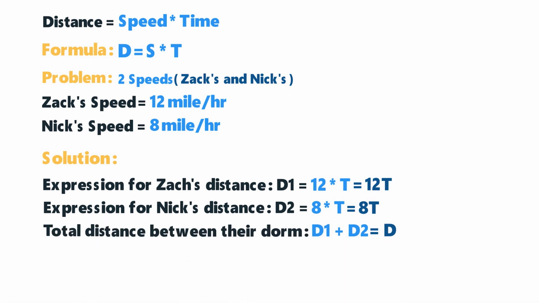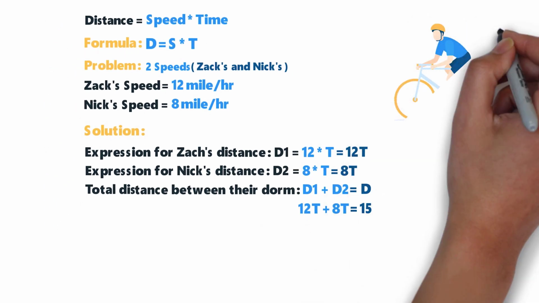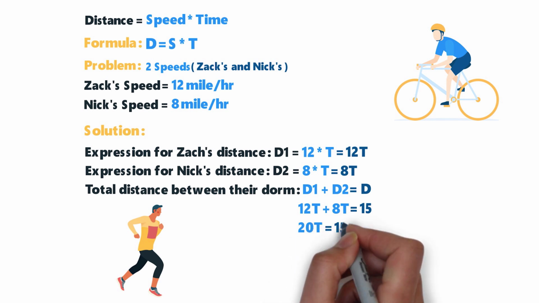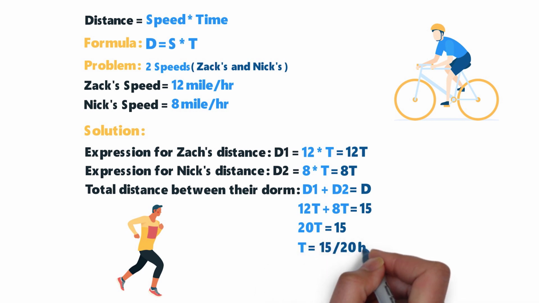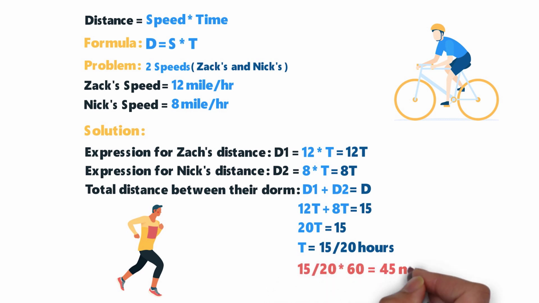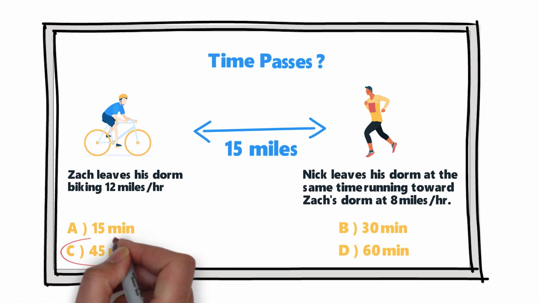Now we can do some substitutions, and we can say that 12t plus 8t equals 15, and 15 is a distance between Zach's and Nick's dorms, which means that 20t equals 15 after simplification, which means that t equals 15 divided by 20 and is measured in hours, which is 3/4 of an hour, and 3/4 of an hour is 45 minutes. So the correct choice here is choice C, 45 minutes.